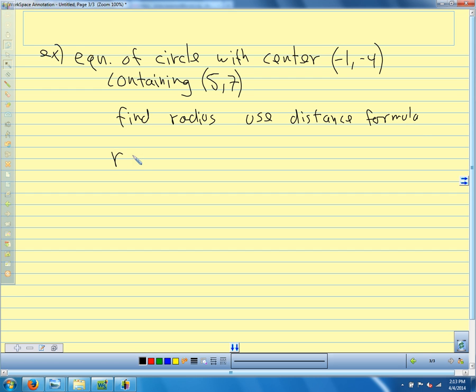Our radius is going to be the square root of (5 minus negative 1) squared plus (7 minus negative 4) squared. So 5 minus negative 1 squared is 6 squared, we get 36. And 7 minus negative 4 squared is 11 squared, and we get 121.